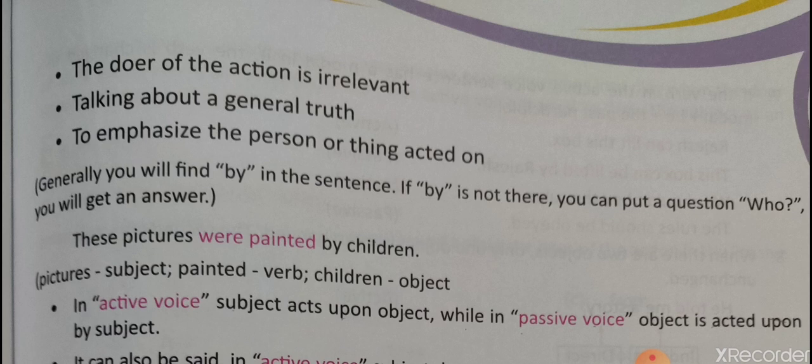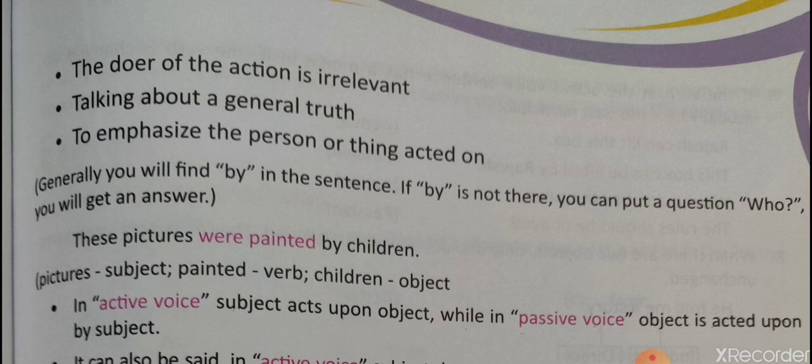This is the main point. By this point, we are understanding that here we are emphasizing, we are giving some limelight to the thing with which the action is being performed. He is not the doer of the action, but the action is being performed on him. Like, the leopard chased the antelope.